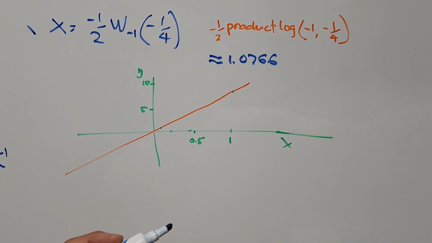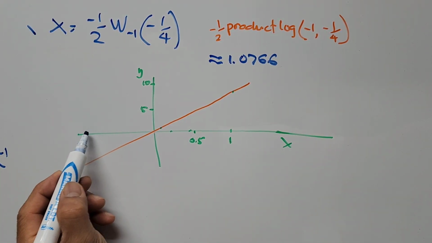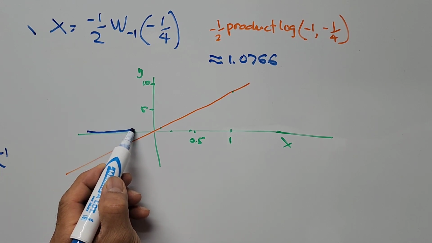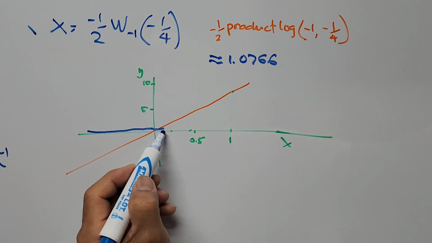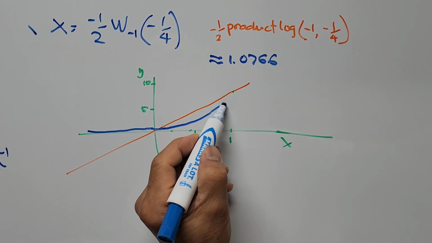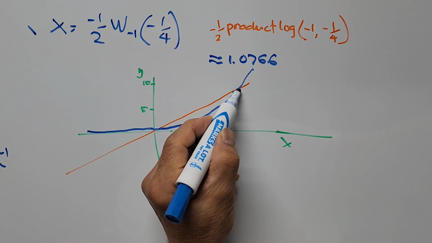So we have the curve e to the power of 2x intersecting the line at this point and then going up.